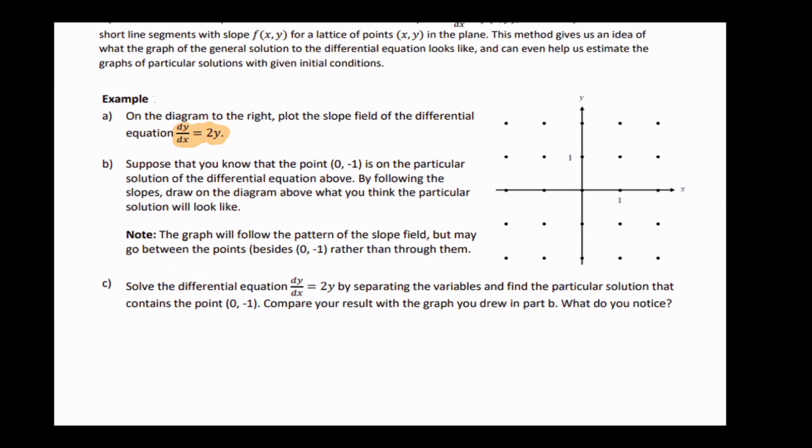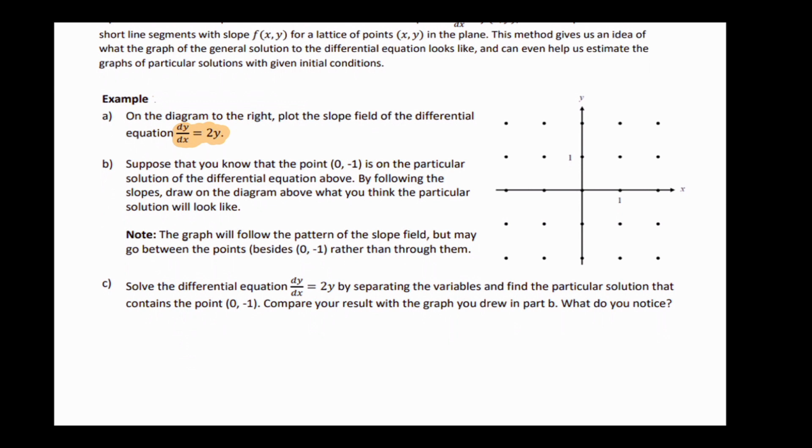Well, what did we do? If you have a first derivative, how did we find the slope? What did we do with the first derivative to find slope? Plug in the values, right? Usually it was the x values.